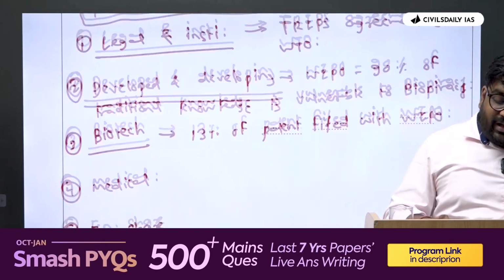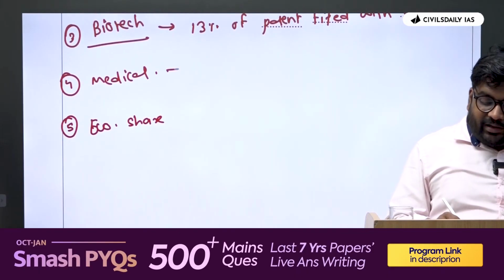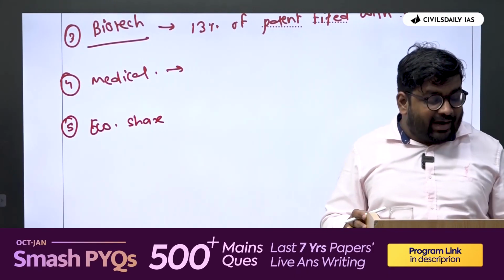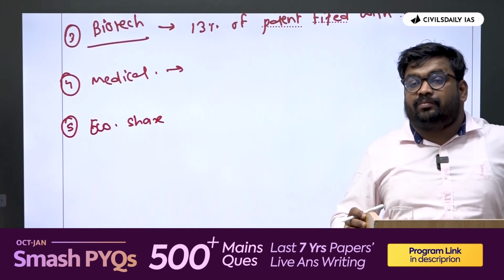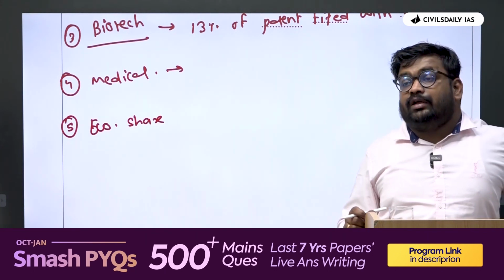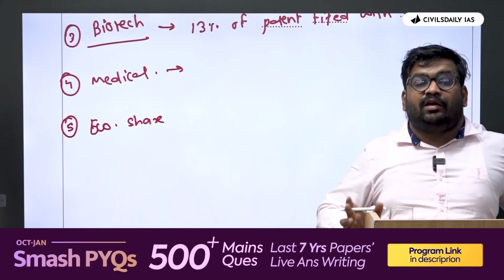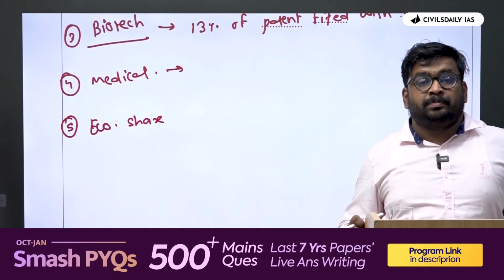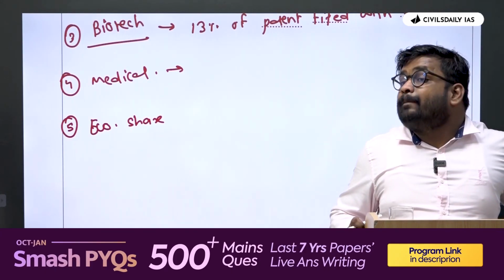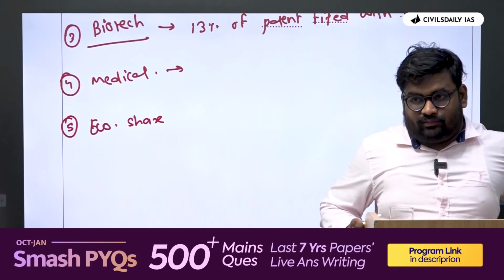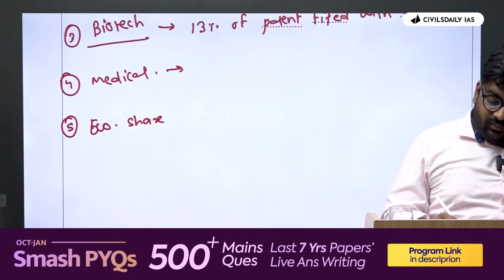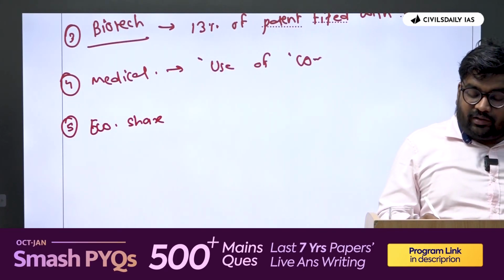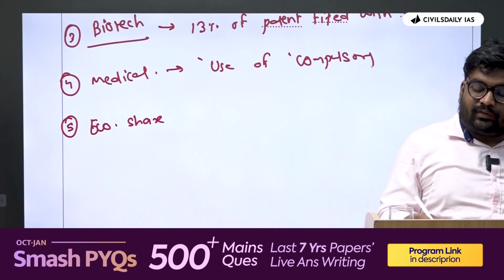Next, with respect to medical. The global scenario is that developing countries majorly use, yes, what is the provision under the TRIPS agreement that India uses? Compulsory licensing. Use of compulsory licensing.